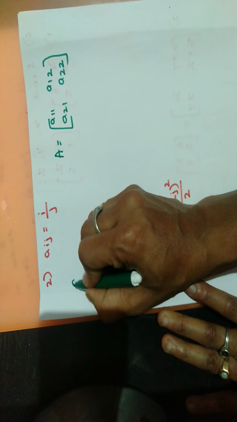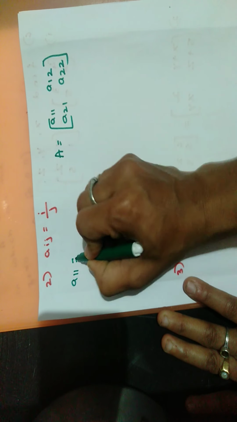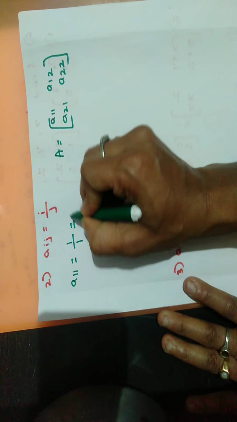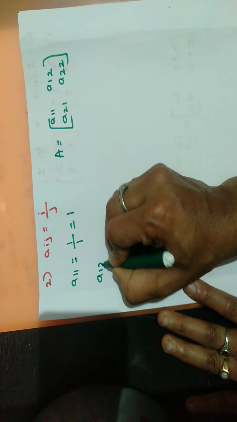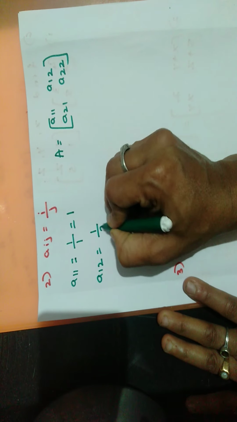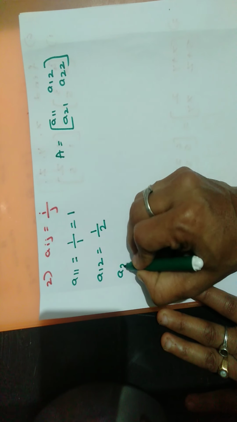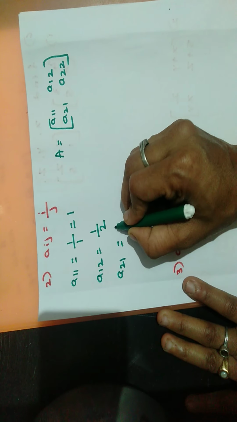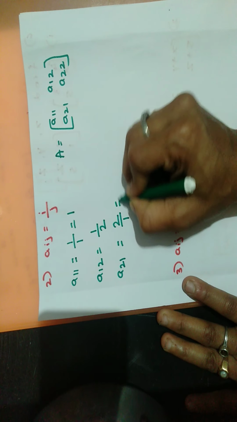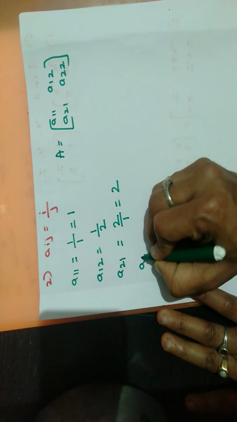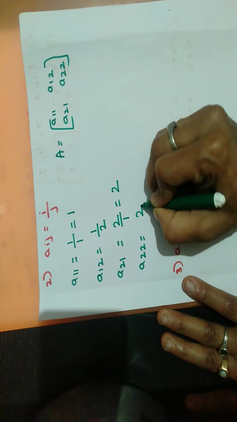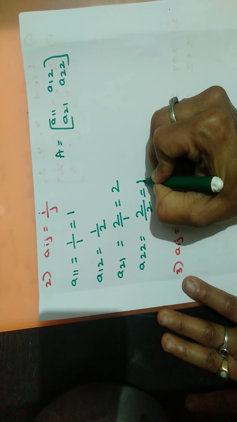The first element, that is A11, is equal to 1 upon 1, that is equal to 1. Next, A12 means 1 by 2. A21 means 2 by 1, that is equal to 2. And lastly A22, that is 2 by 2, means that is equal to 1.